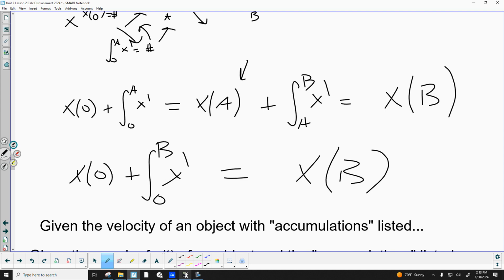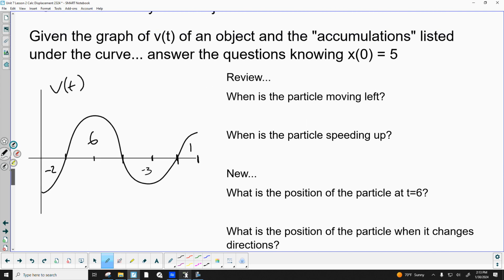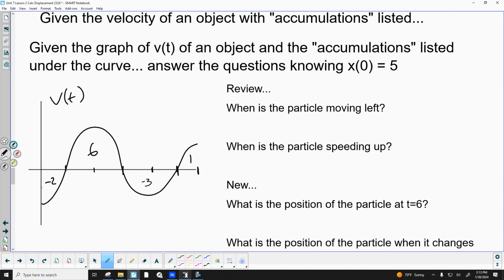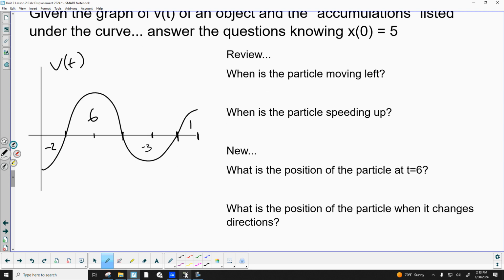Okay? Now, I'm going to make it even easier for you. I am going to give you the graph of velocity, which you had on your quiz today. We did it on our practice problems, but there are additional things inside the graph.